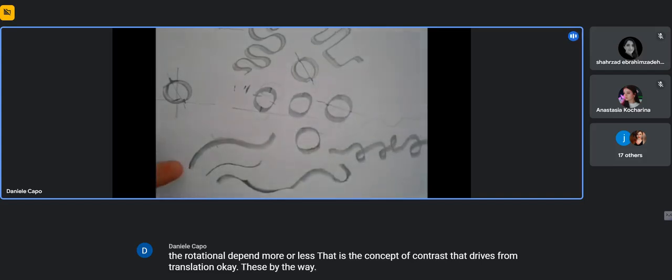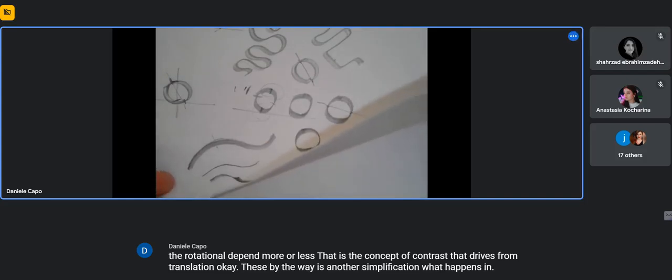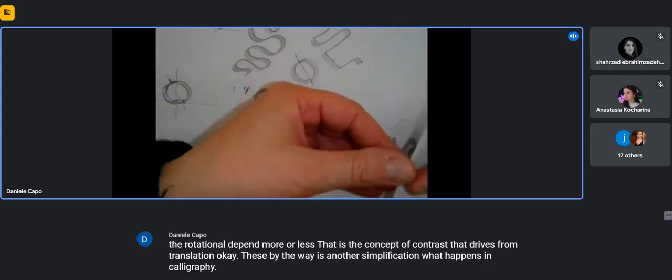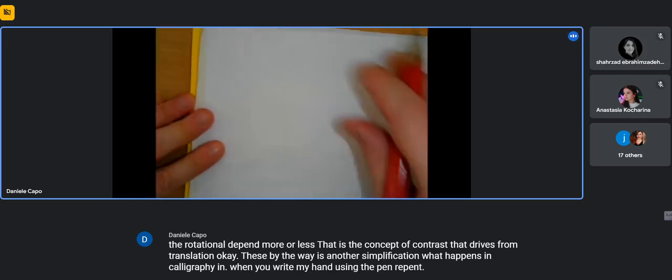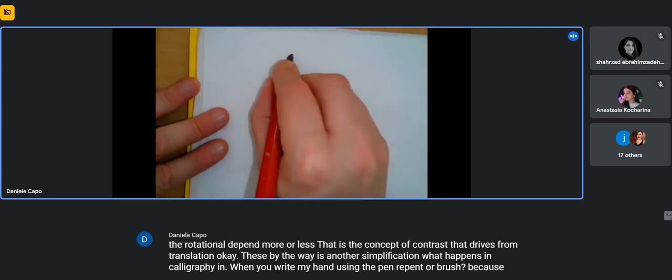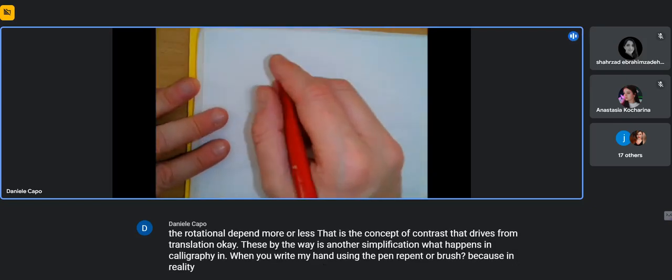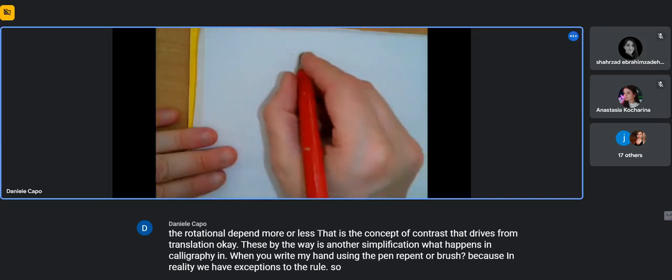This, by the way, is an oversimplification of what happens in calligraphy, when you write by hand using a pen, a reed pen, or a brush, because in reality we have exceptions to the rule.